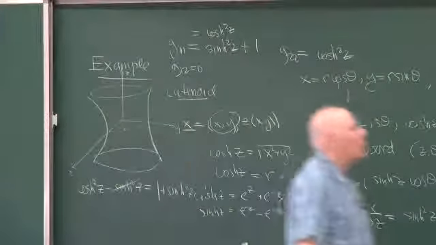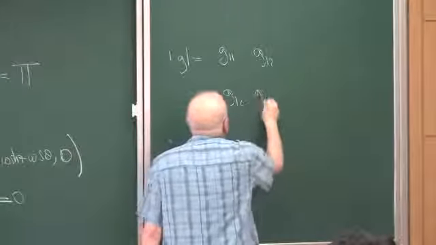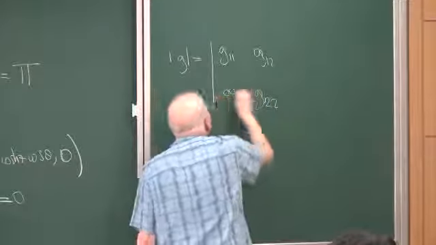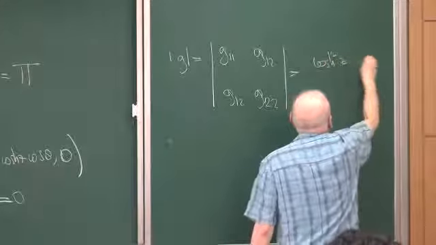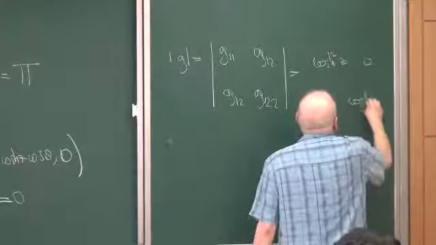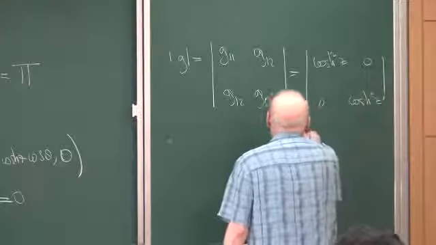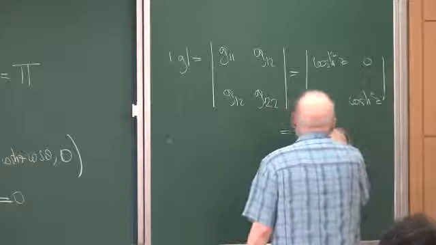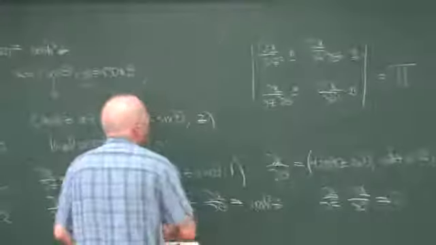So the determinant, which will go in the denominator, is G11, G12, G12, G22, which is hyperbolic cosine squared, 0, 0, hyperbolic cosine squared. So you get hyperbolic cosine to the 4. Okay, so in the example we now know this one in the denominator.